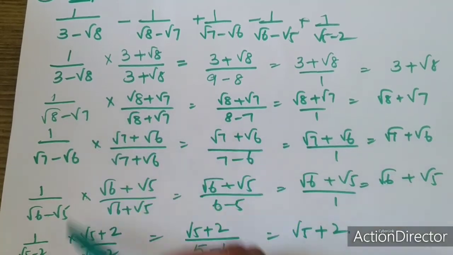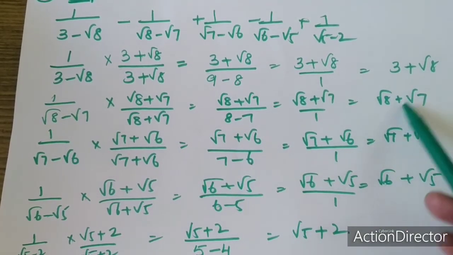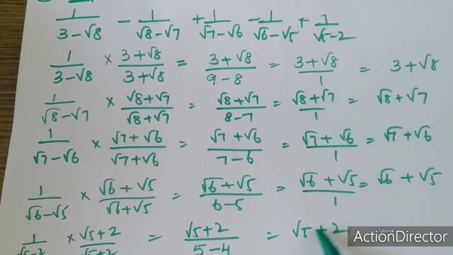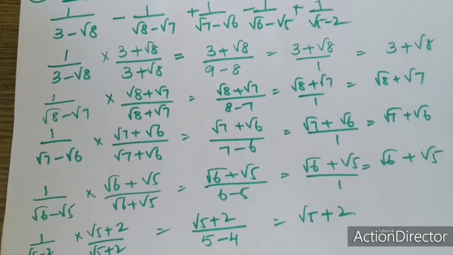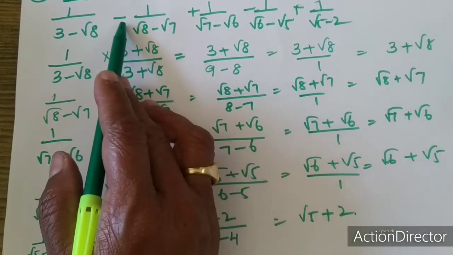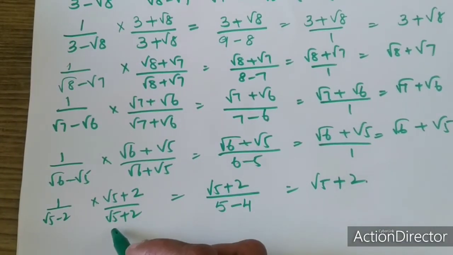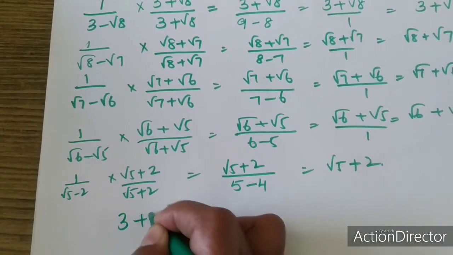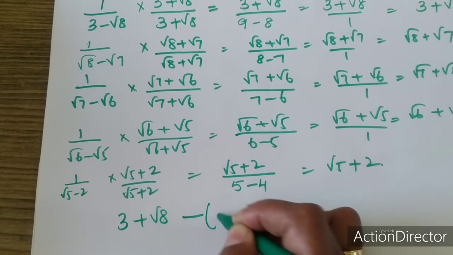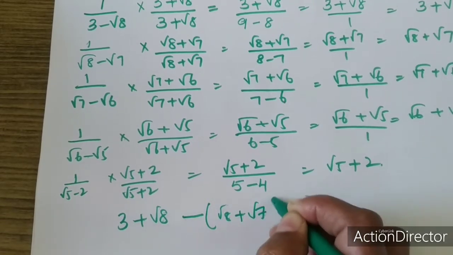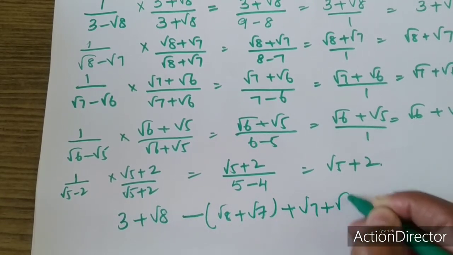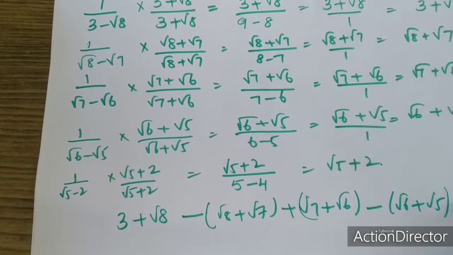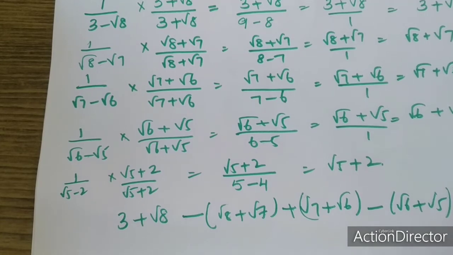Now on simplifying all these terms, I am getting the answer as 3 plus root 8, plus root 7 plus root 6, root 6 plus root 5, and root 5 plus root 2. Now let me see, in the second term you are having minus, so let me write accordingly: 3 plus root 8 minus root 8 plus root 7 plus root 7 plus root 6 minus root 6 plus root 5 plus root 5 plus root 2.